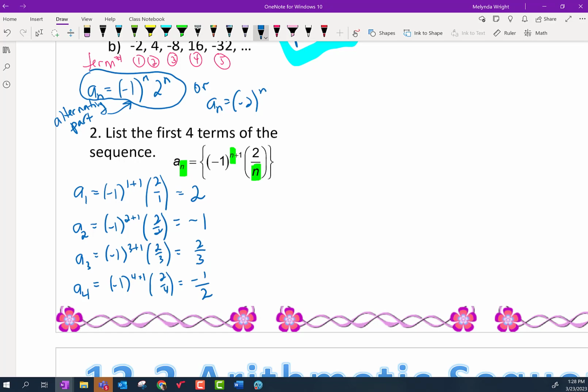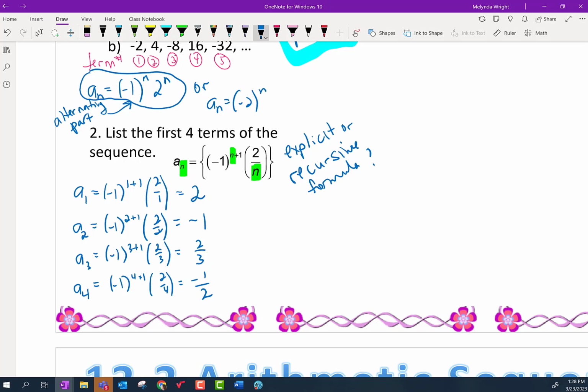So I want to ask a question before we move on. Is this an explicit or a recursive formula? Explicit or recursive?